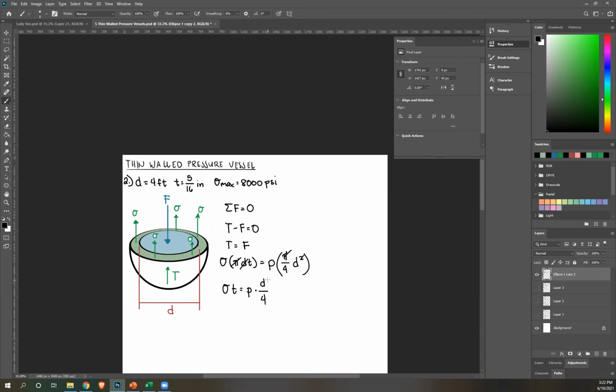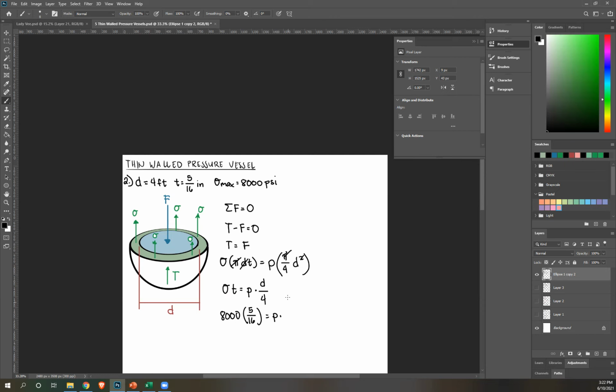Okay? So sigma T, that's 8,000 psi. Our thickness is in inches, 5 over 16. Equals P, which is what we're looking for. Our diameter is in feet, our stress is in inches, so I need to convert feet to inches, okay?